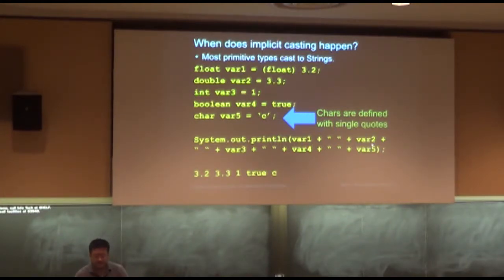When I add that to var2, Java implicitly converts var2 into a string. And so it becomes quote 3.3. And when I add 3.2 space and 3.3 together, I get the single string 3.2 space 3.3, all in one string. And that's all one string now, so when I add it to the space here, I get 3.2 space 3.3 space.